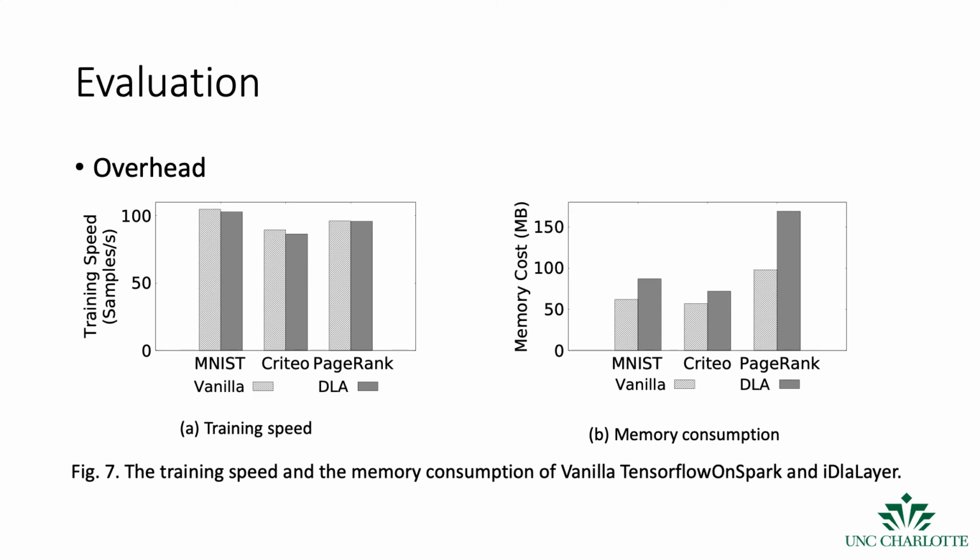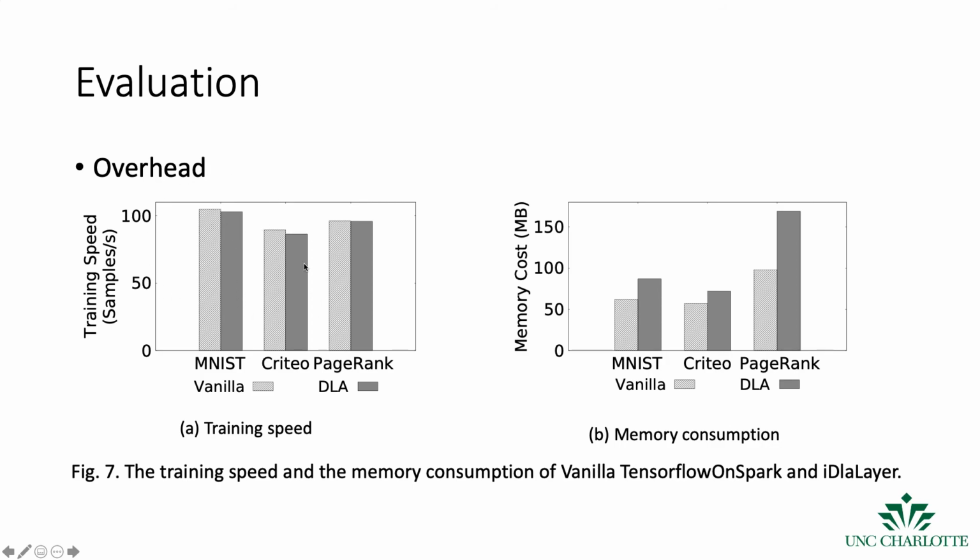Then we compare the overhead between vanilla TensorflowOnSpark and our proposed method. Vanilla is for the vanilla TensorflowOnSpark and DLA is for iDlaLayer. So this figure depicts the training speed comparison.